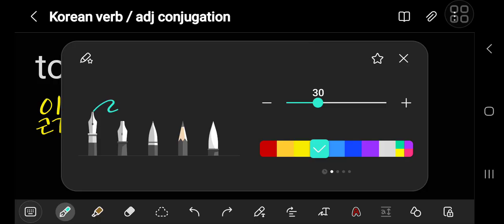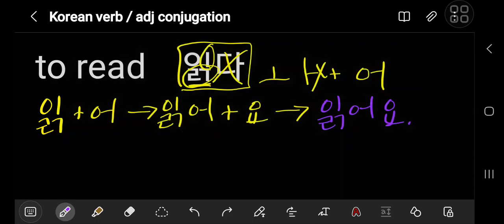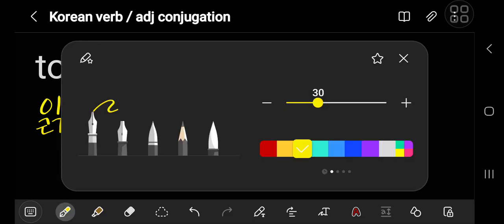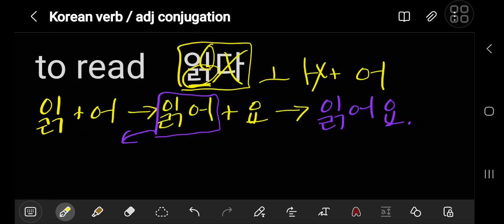Okay, let's get our buddy, the conjugated form of to read. And we're going to take it down and make ourselves some past tense. Hopefully my commentary is not aggravating, boring. Could be boring, but yeah. So, okay, past tense.